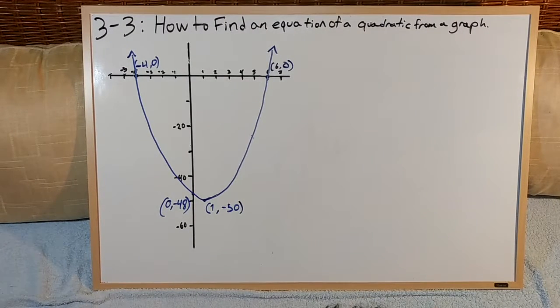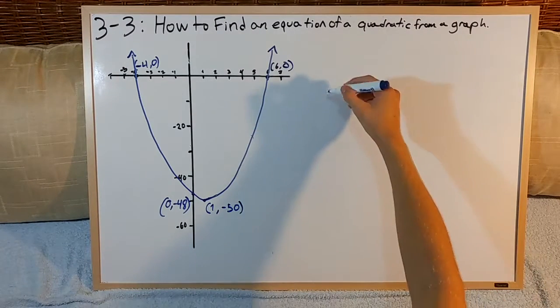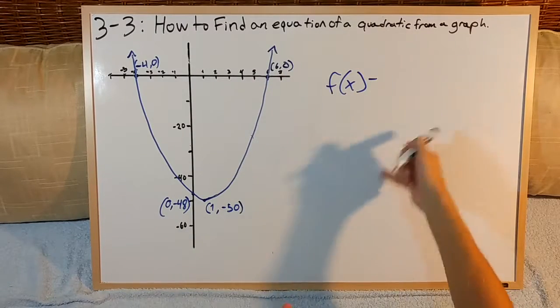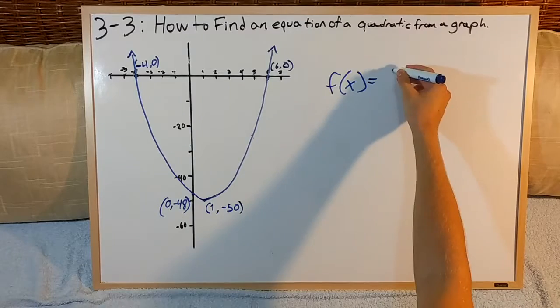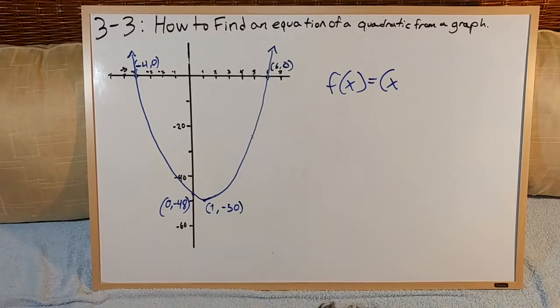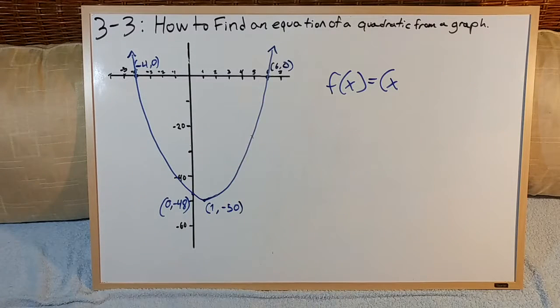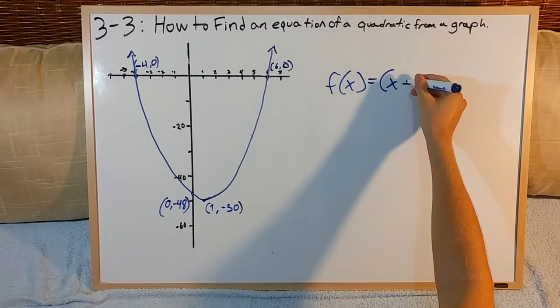In the previous lesson, we also learned that in a factored form equation, as I mentioned just now, let's start to use the x values of our x-intercepts. What if we put x plus 4 here?